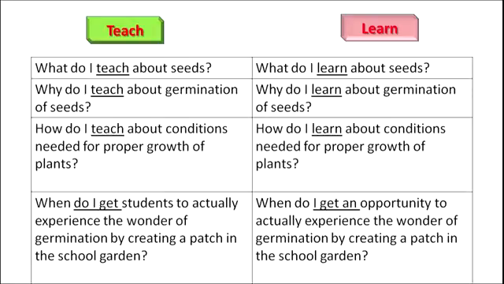And the learner says, what do I learn about seeds? Why do I teach about germination of seeds? And the learner says, why do I learn about germination of seeds? The teacher says, how do I teach about conditions needed for proper growth of plants? And on the other side, the learner says, how do I learn about conditions needed for proper growth of plants?